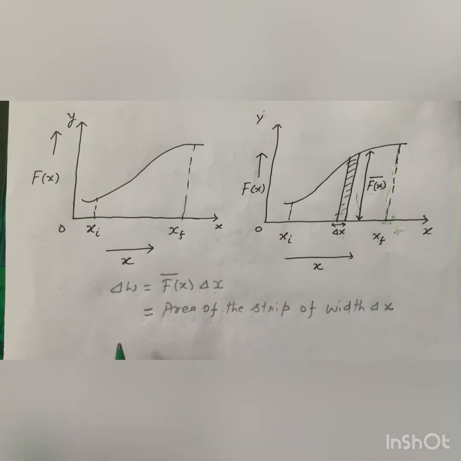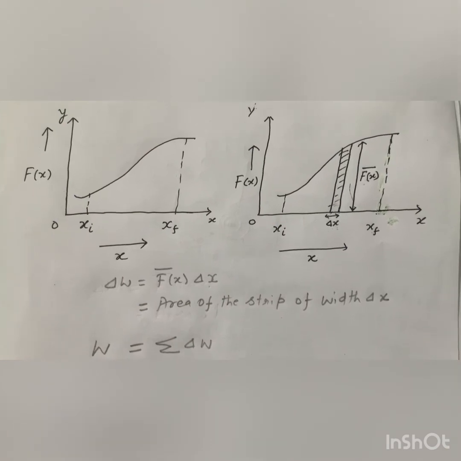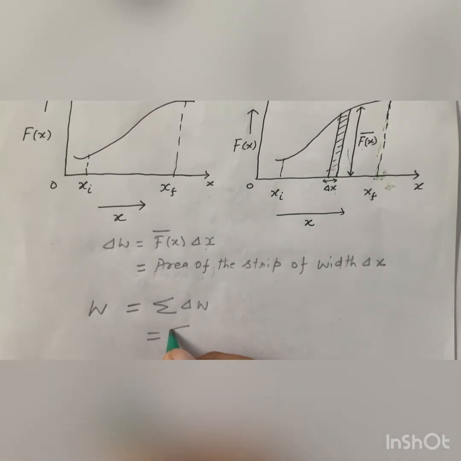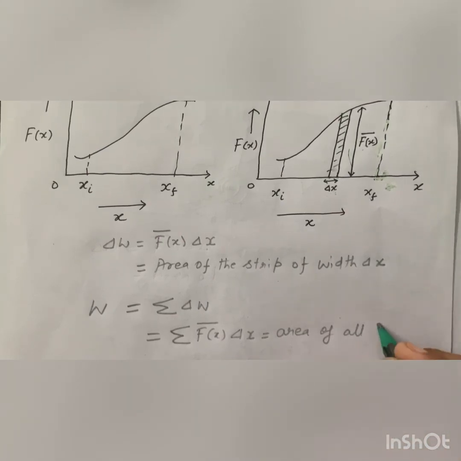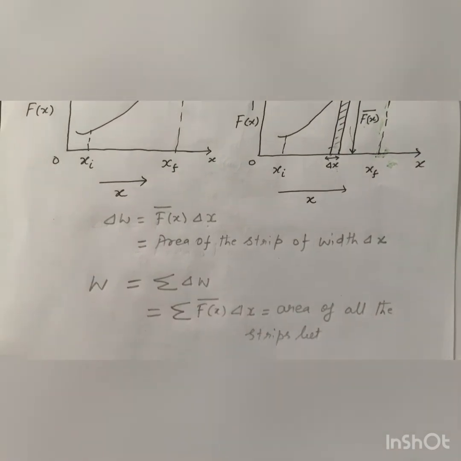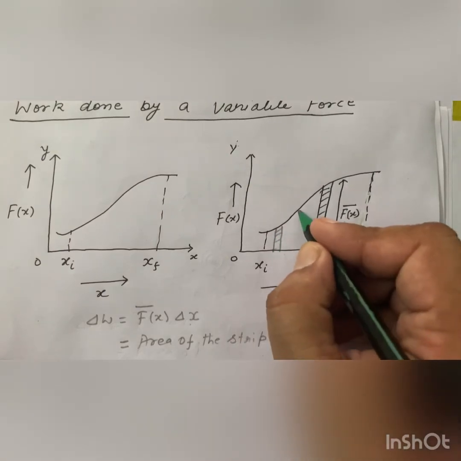To calculate the total work done, we do summation delta W, or we can write summation Fx bar delta x, and this is equal to the area of all the strips between xi and xf.